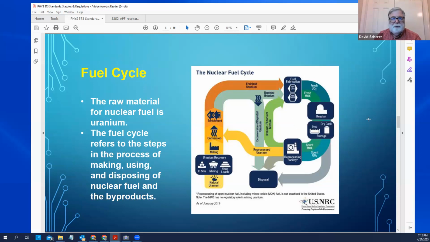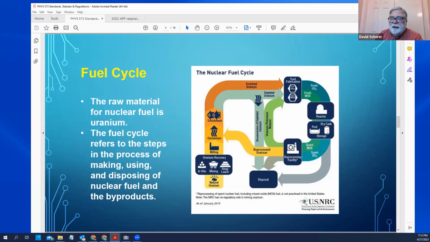These byproduct materials, these fission products, poison the nuclear reaction, so it can't be used for fuel anymore. It still has most of the uranium left in it, along with a lot of other isotopes that give off a lot of radiation. Those fuel rods, when they're no longer useful, have to be put into storage, first in pools until they decay, and then into dry cask storage.